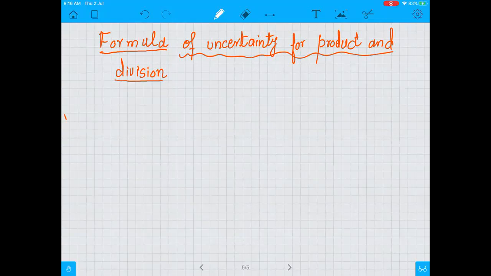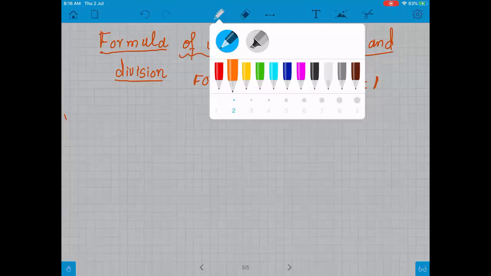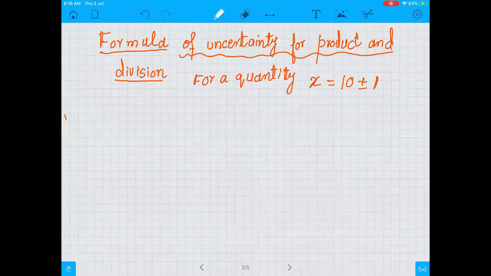Now, first of all, we should know that for a quantity x that is, let's suppose, equal to 10 plus minus 1, first you need to understand this convention.